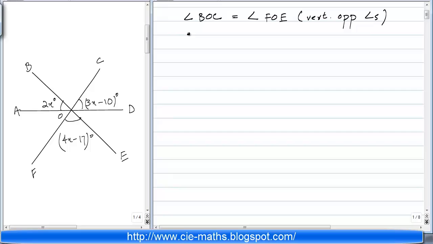Therefore, angle BOC is equal to 4x minus 17 degrees.